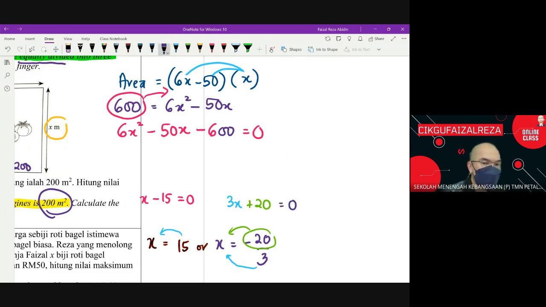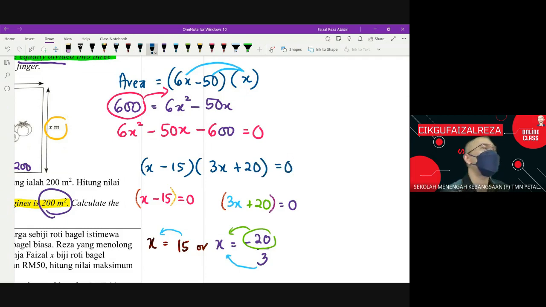Okay, after that, I'm going to put this one in brackets so that we get our factorization. So you are going to write down back this one as x minus 15 and also 3x plus 20 equals to 0.